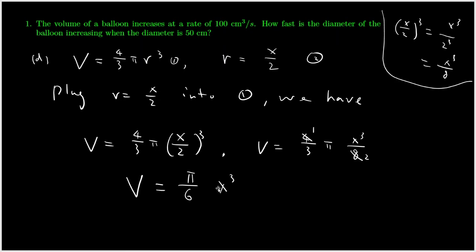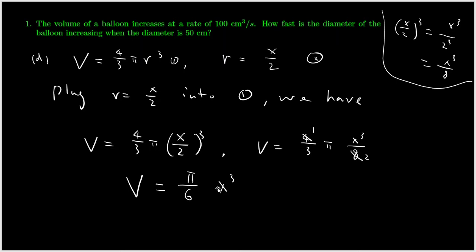You see, it's a related rates problem, right? Two quantities are related, v and x are related, volume and diameter are related, right? You know the rate of change of one quantity, you know the rate of change of the volume. You are looking for the rate of change of the other quantity, the rate of change of the diameter, right?